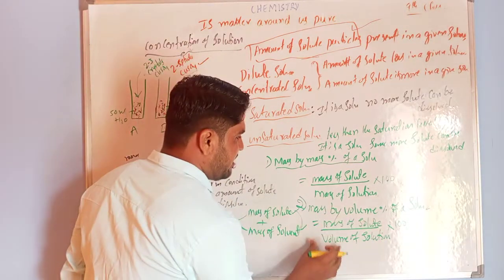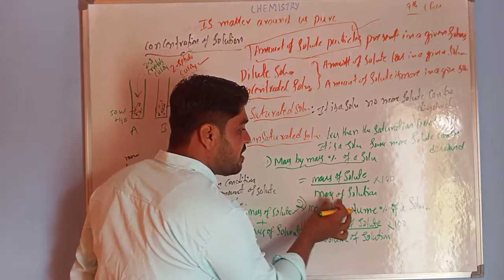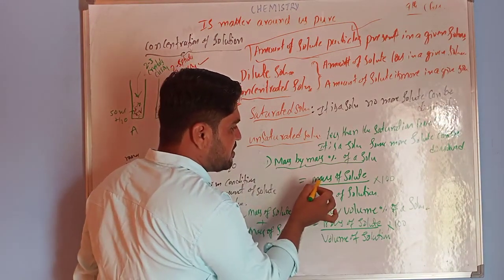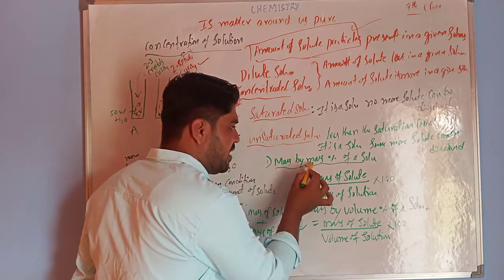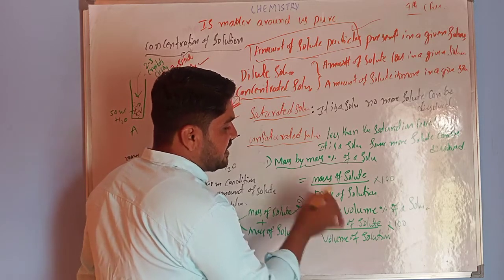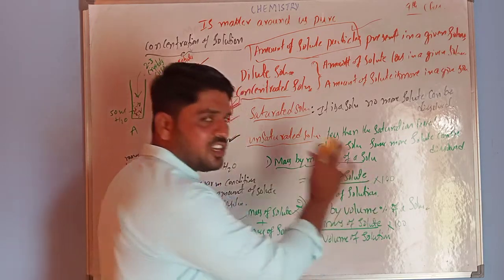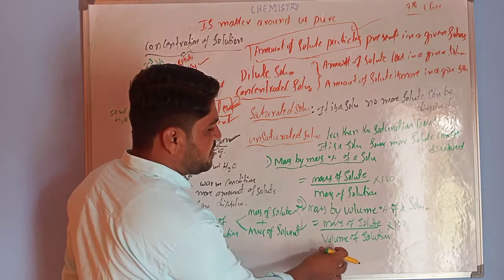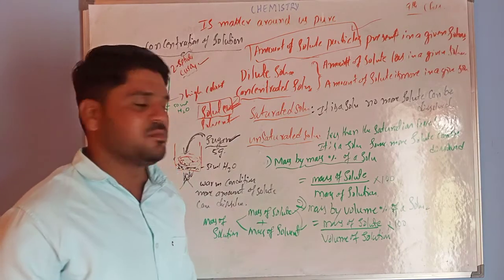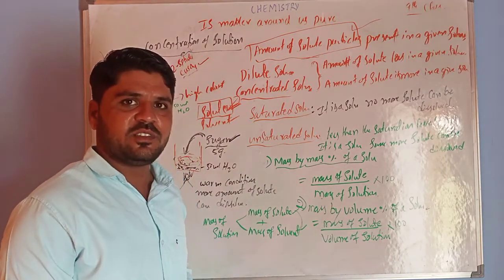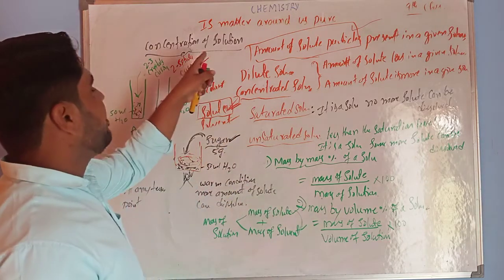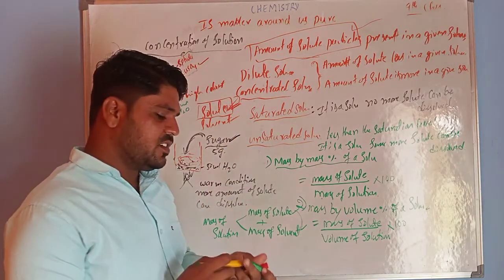In the mass by mass method, mass of solution is there, but in the second method, mass by volume, we take volume of solution. So from these formulas we can determine the concentration of solutions.